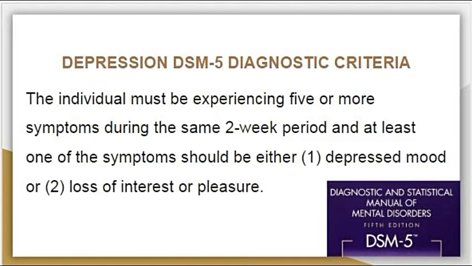So in order to be diagnosed, there is a certain number of symptoms that must be visible, and the individual must experience, and one being either feelings of depression or just listlessness and lack of interest.